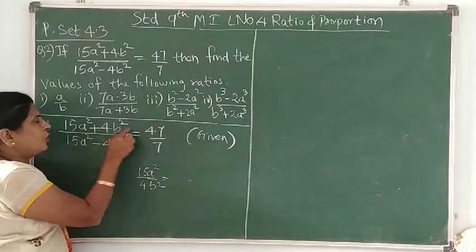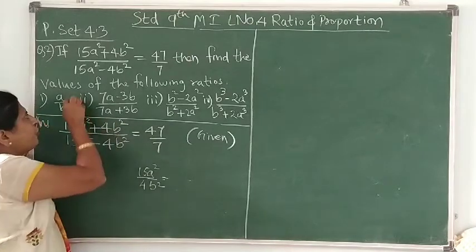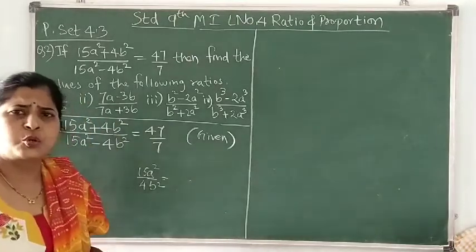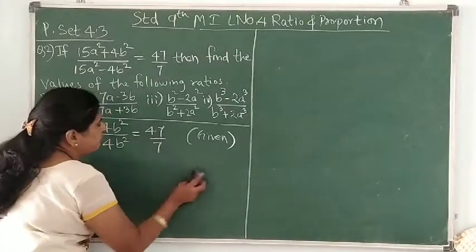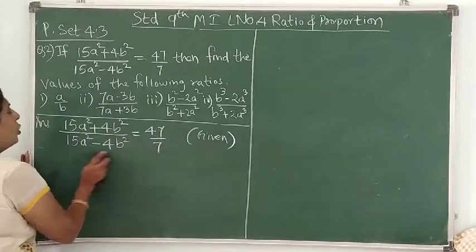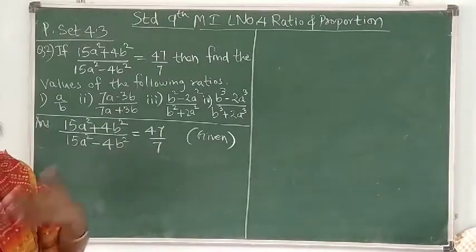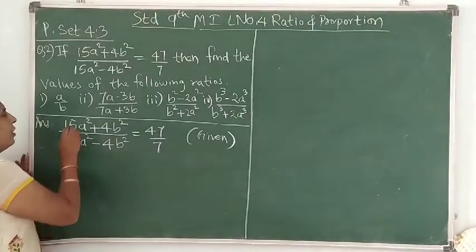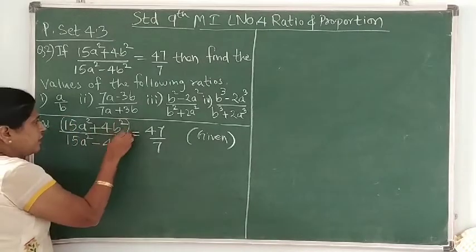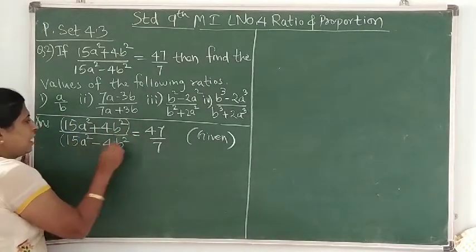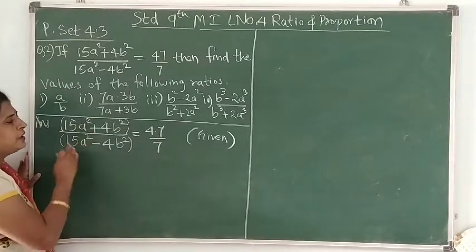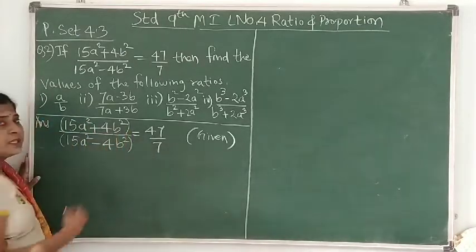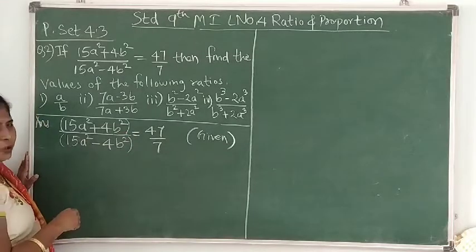So from all this complexity, if we want to find the value of the simple ratio a upon b, we have to do componendo and dividendo again on that, on the whole numerator and the whole denominator given here, and we will come to know what happens when we do componendo and dividendo on that.